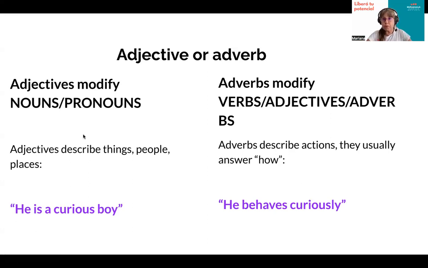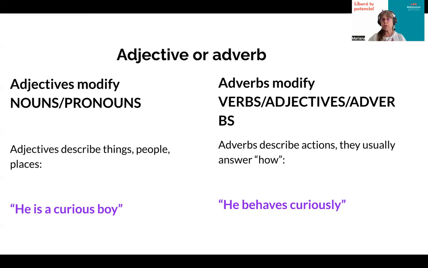Talking about adverbs, I always say that the word probably gives away the use. They modify verbs, but not only verbs, also adjectives and other adverbs. Let's have a look at these now.